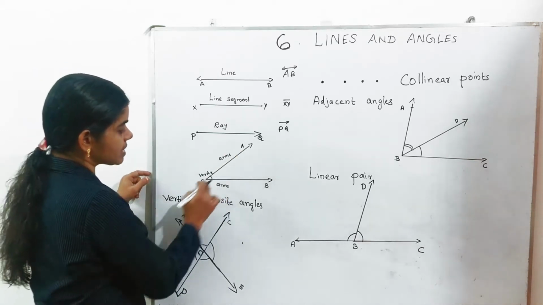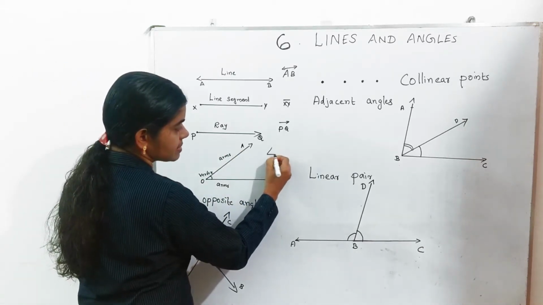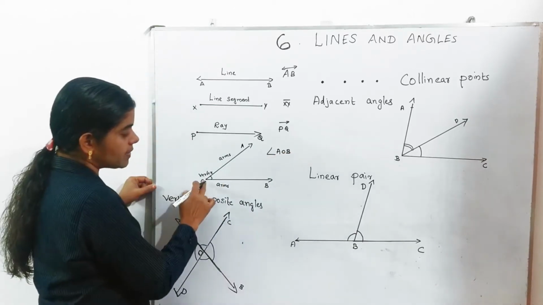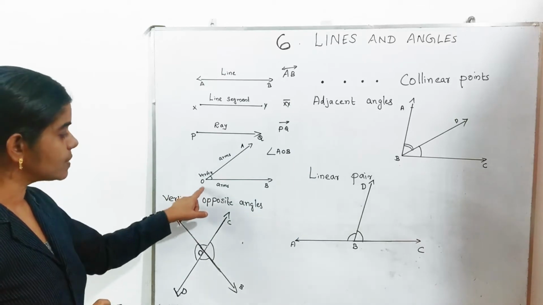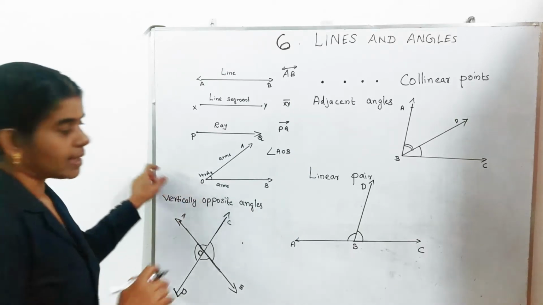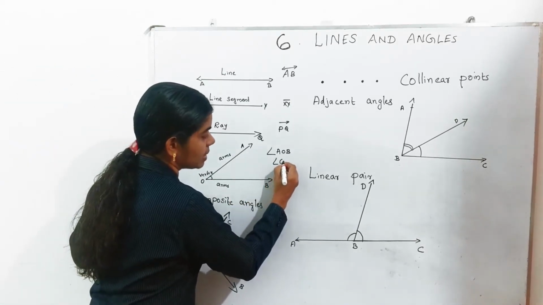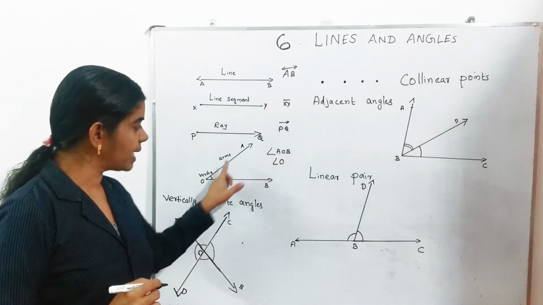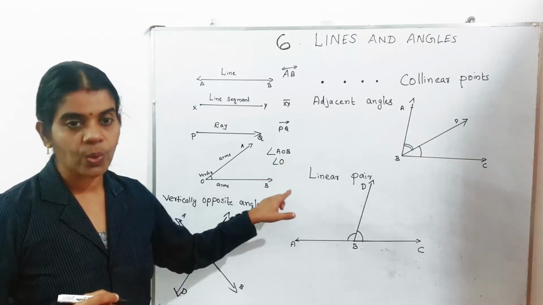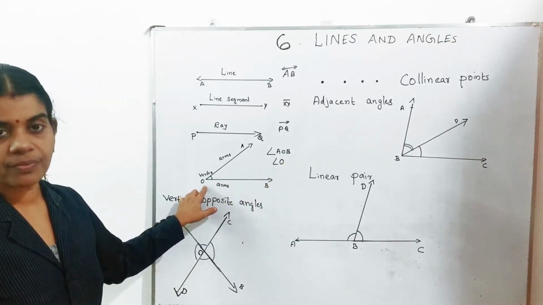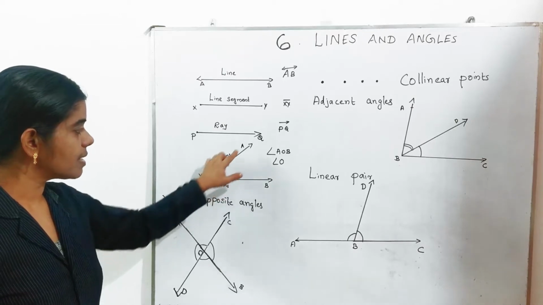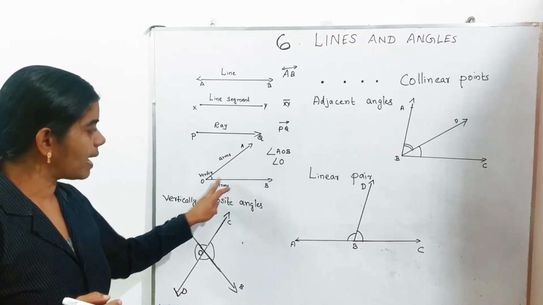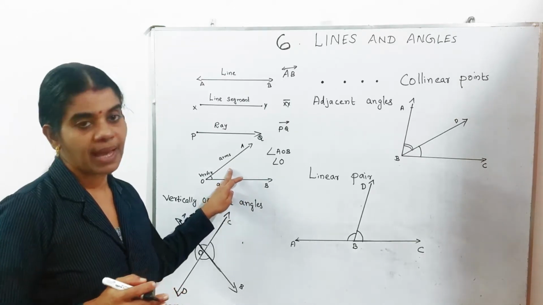How can we name this angle? First we can write the symbol for angle, then AOB. Otherwise we can name this angle using the vertex name. That means if you write angle O, it also means the same angle. You can name it as angle AOB or angle O, that means the vertex name simply can be used. Otherwise the vertex name comes in the middle. Angle AOB or angle O represents this same angle.